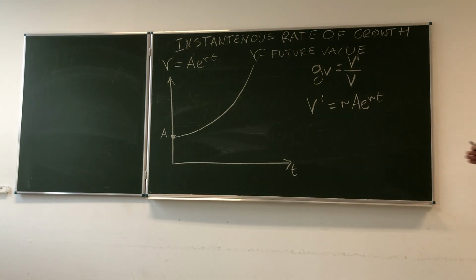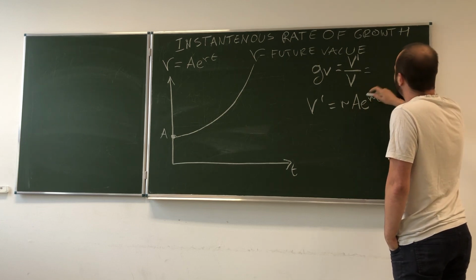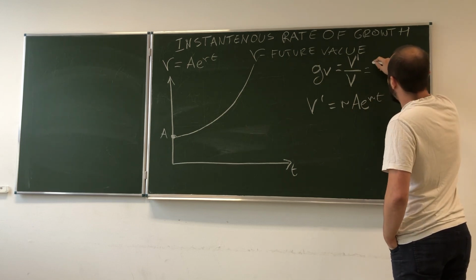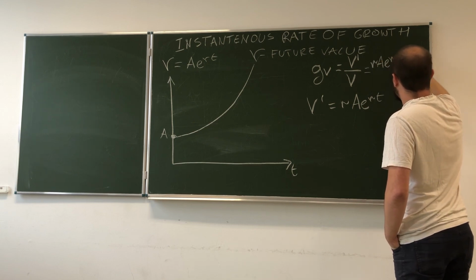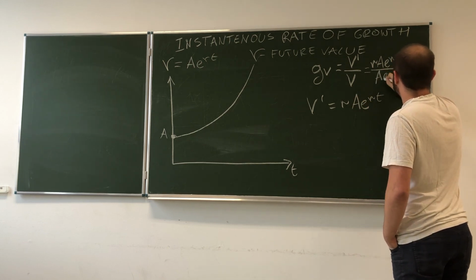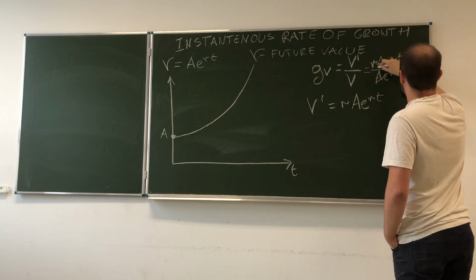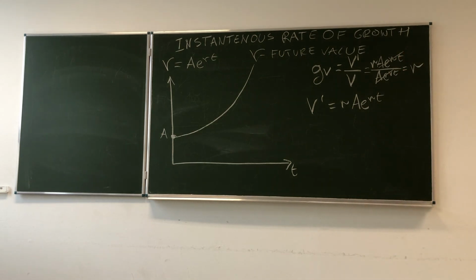Now I can substitute my result over here. We know that V prime, the derivative, is r A e^(rt), while V is A e^(rt). Those two cancel each other out. We get r.